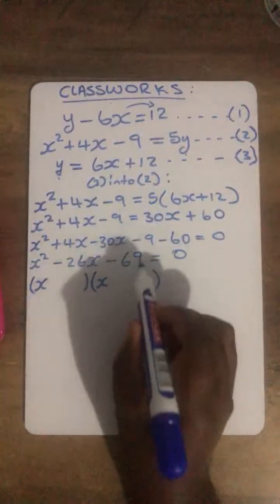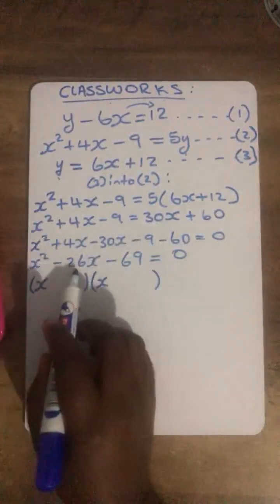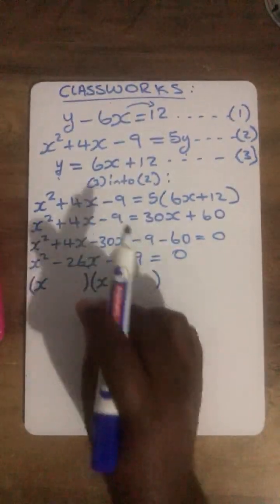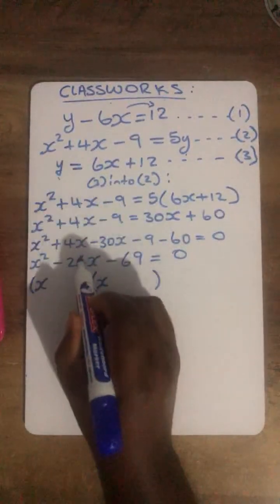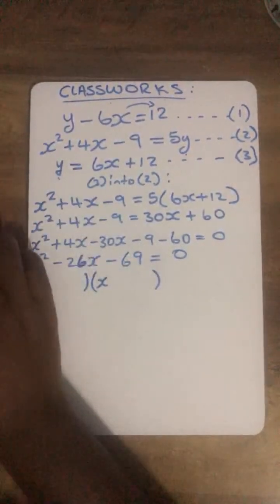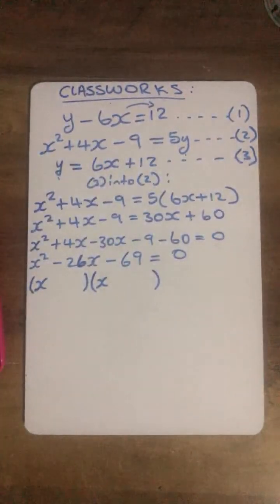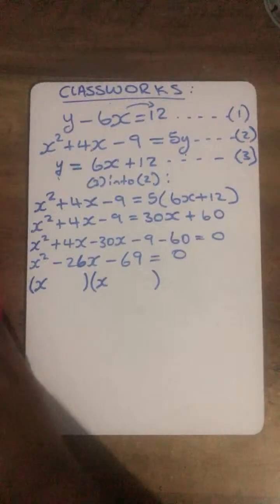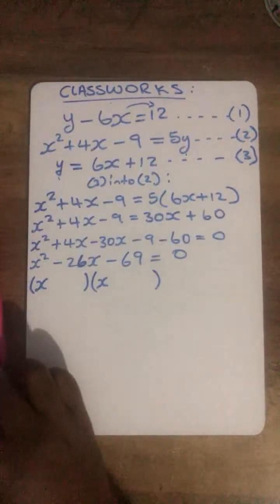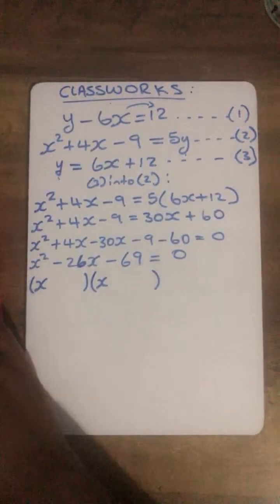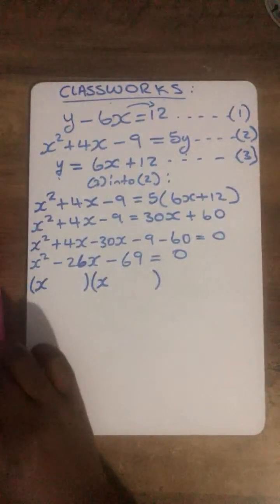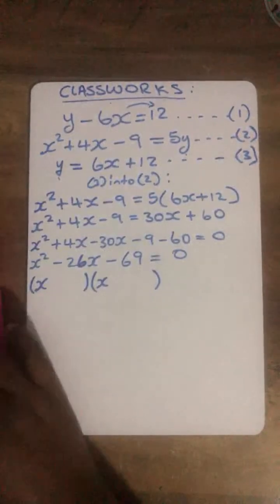Let's find two numbers that can give us 69 and still work together to give us negative 26, which is b.